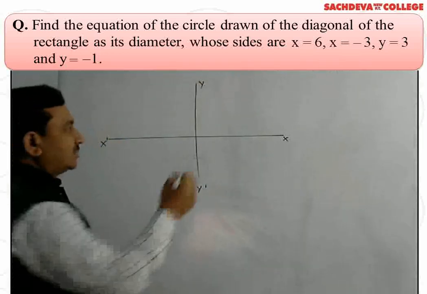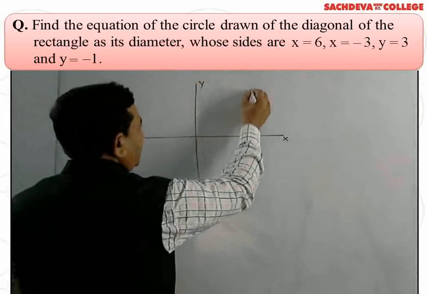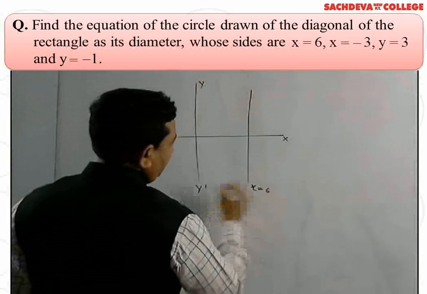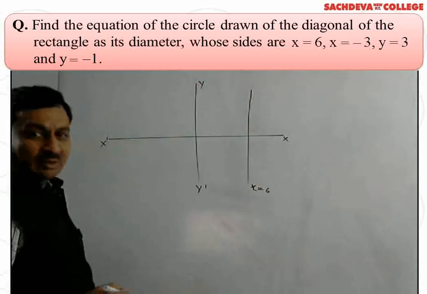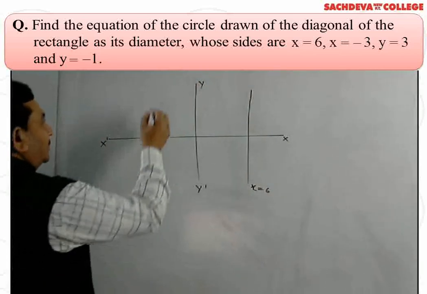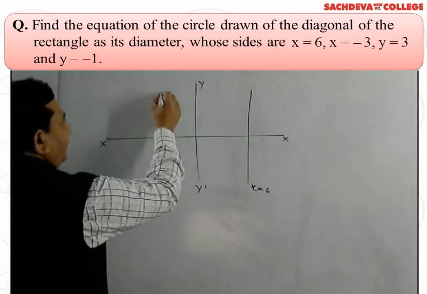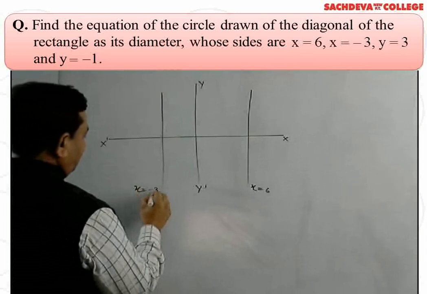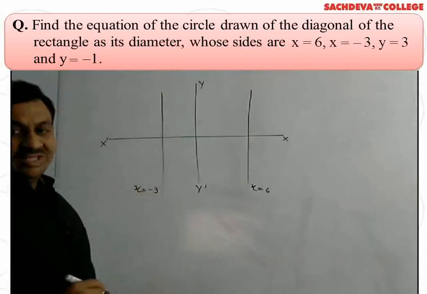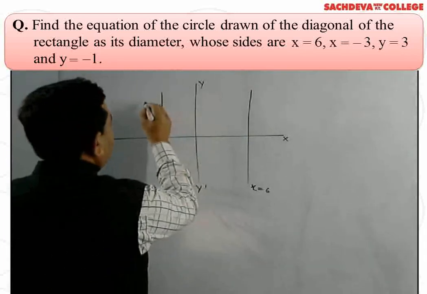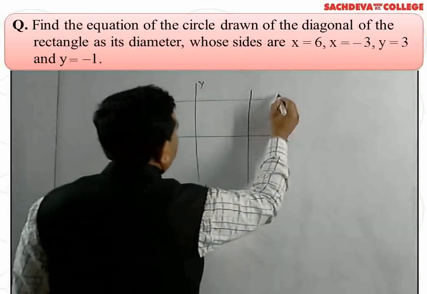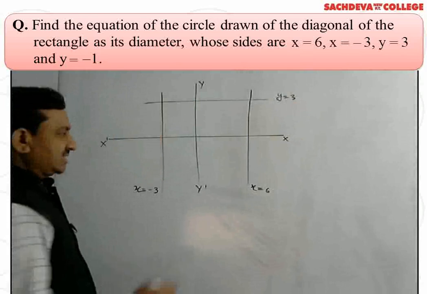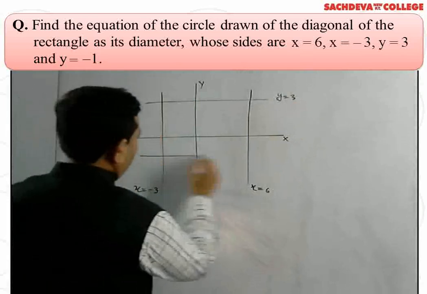Given that x is equal to 6 is a line parallel to the y-axis, x is equal to minus 3 is also parallel to the y-axis. y is equal to 3 is a line parallel to the x-axis, and y is equal to minus 1 is also a line parallel to the x-axis.